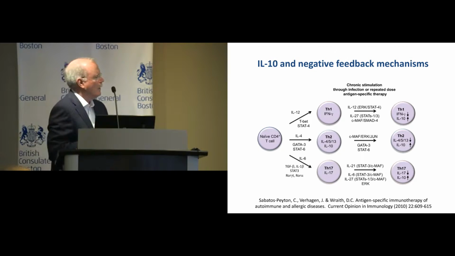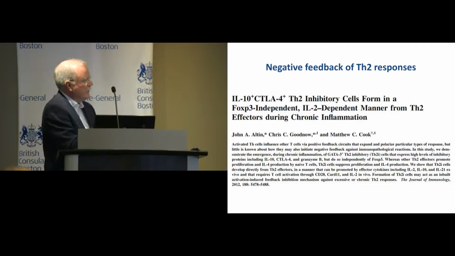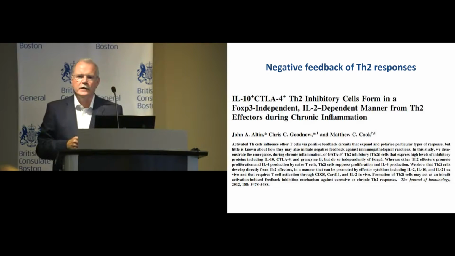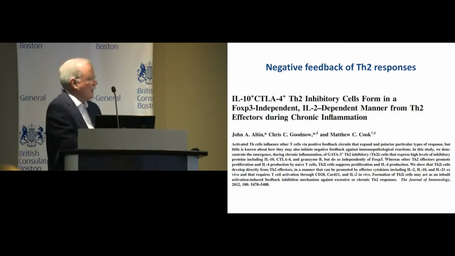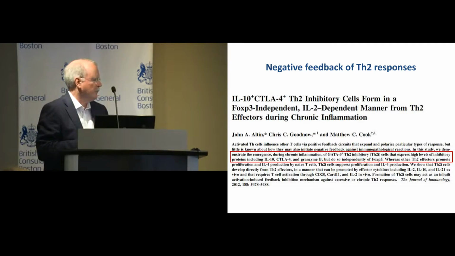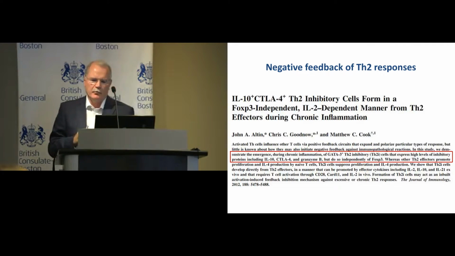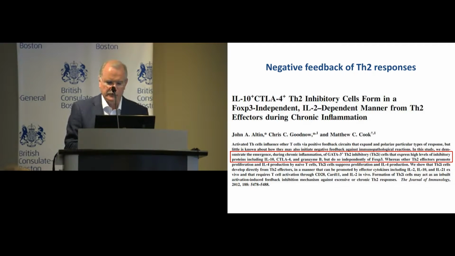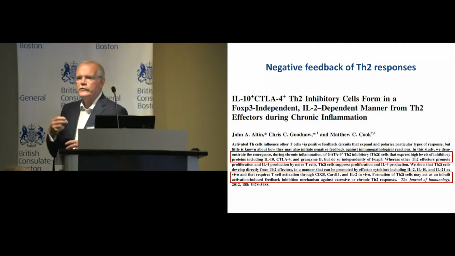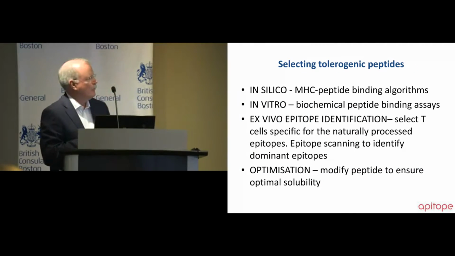And more recently, Cook, Goodenow and Altin in Australia have described what they call an inhibitory Th2 population, where IL-10 is increased, cytokines such as IL-4, 5 and 13 are suppressed, and they argue that this is an inbuilt activation-induced feedback inhibition mechanism against excessive or chronic Th2 responses, very much mirroring the process that I've just described for Th1 responses. So this is the mechanism, and it applies both to Th1 and Th2 immune responses.